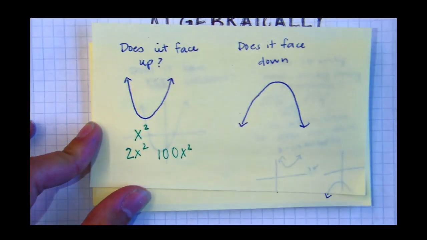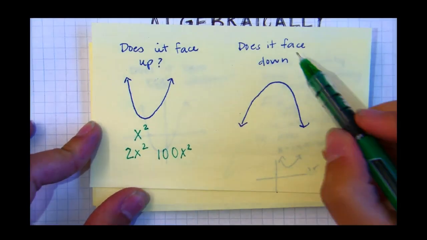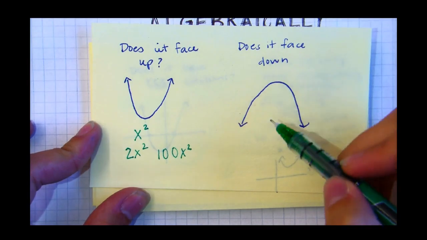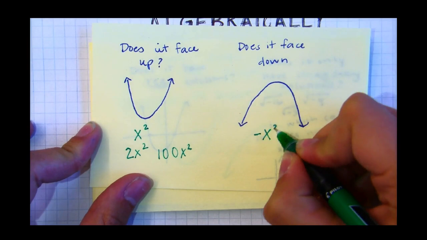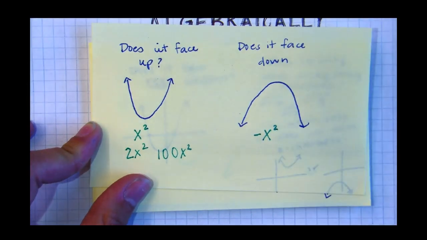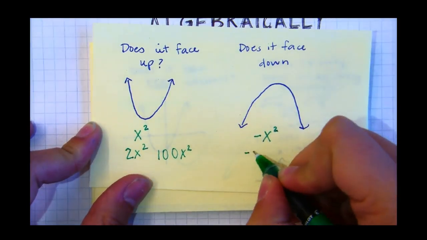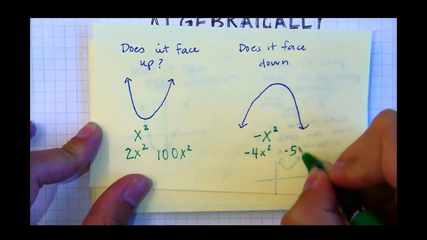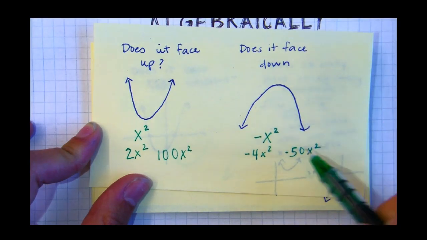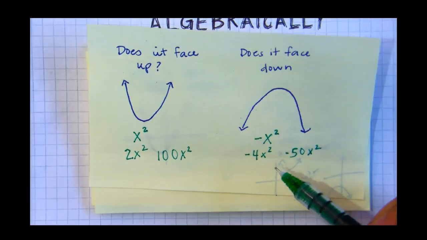You've got some positive number in front of your x squared. The parabola is going to face down when your coefficient in front of x squared is negative. So if I've got a negative x squared, or a negative 4x squared, or a negative 50x squared, any of these would result in a downward-facing parabola.